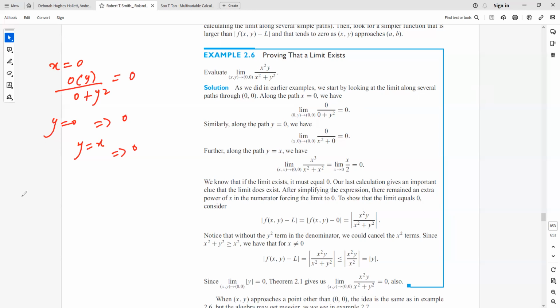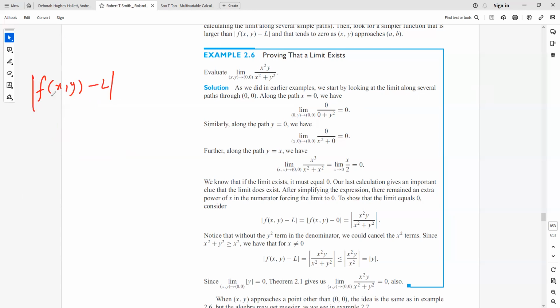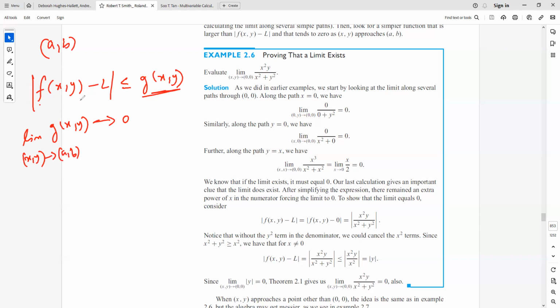Now for this, the definition that we learned just a minute earlier says that if the distance of f of x, y minus L is less than a function g at that point, where this function has a limit converging to 0 as (x, y) goes to (a, b), then we can say that the limit for f of x, y also exists.